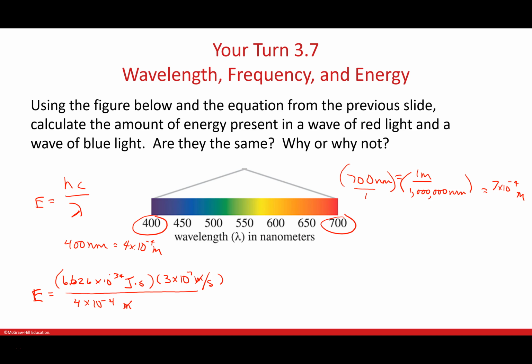You have to square seconds? Nope, because we have per seconds, or seconds in the denominator, so those will cancel. And just units of joules, which is awesome. So let's see if we can both get the same answer on our calculators.